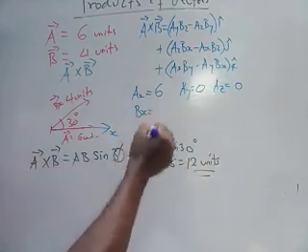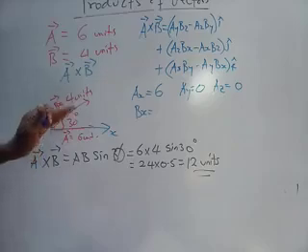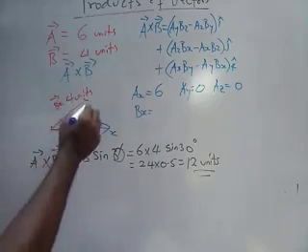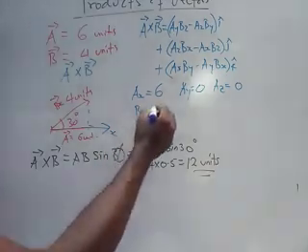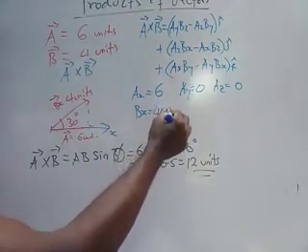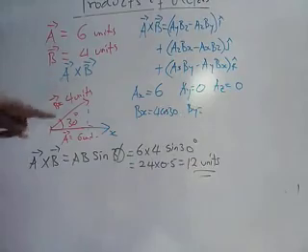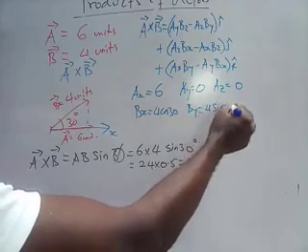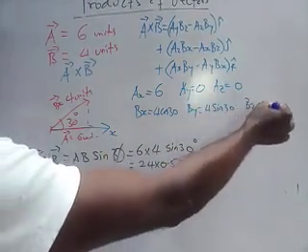So BX, the horizontal component of B, which is 4 at 30 degrees to the x-axis, is 4 cos 30. Then BY, the vertical component, is 4 sin 30. BZ is 0, as there is no z.